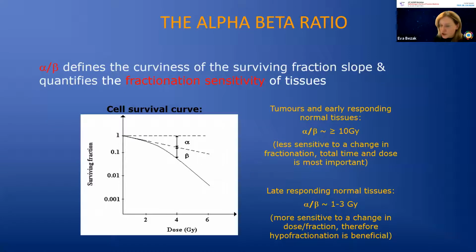Late responding tissues, which are most of the normal tissues, have alpha beta ratios within 1 to 3 grays, and they are most sensitive to a change in dose fractionation. Therefore, hypofractionation, where you are irradiating tissue with a smaller number of fractions with a larger dose per fraction, may be beneficial.